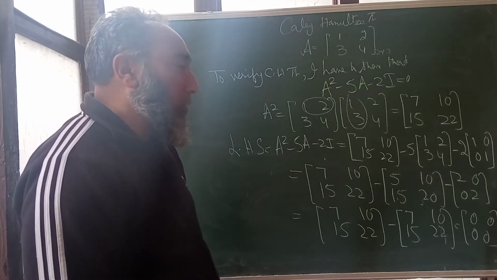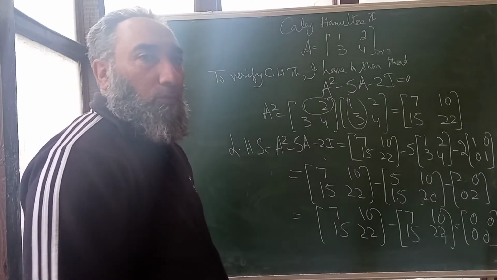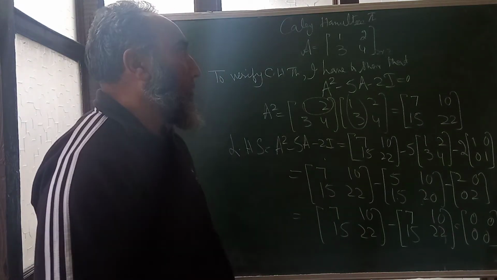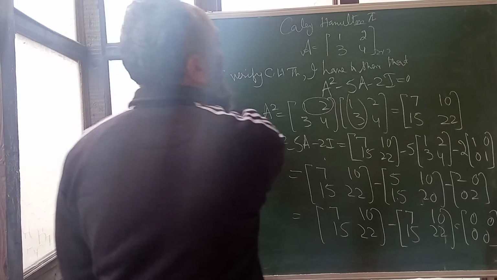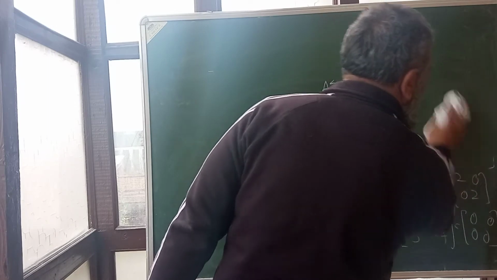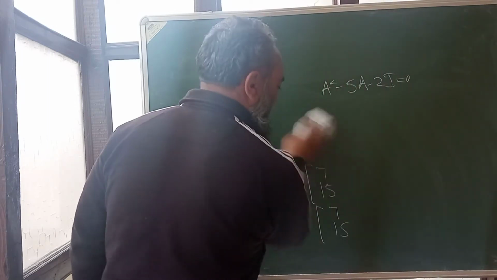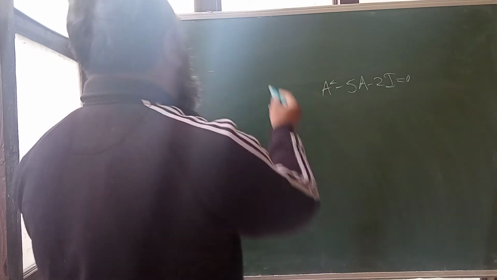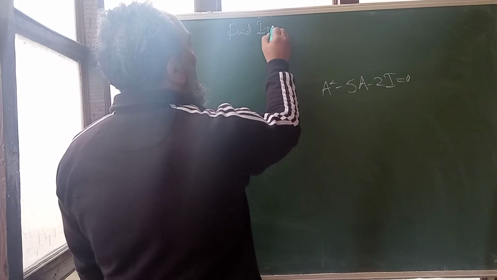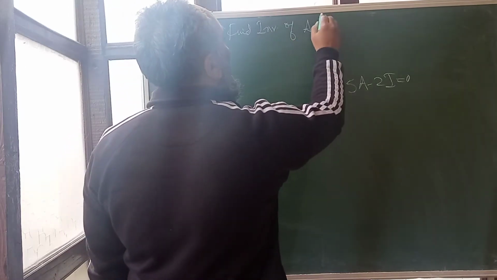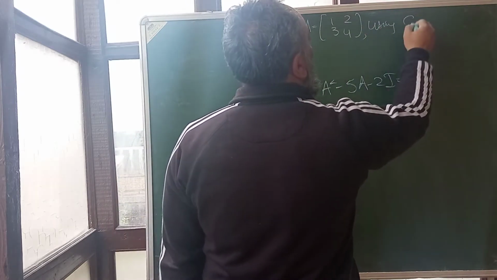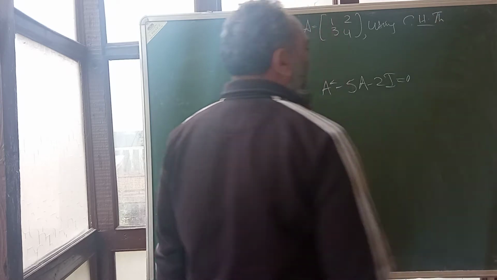Now, if this is true, using Cayley-Hamilton theorem, we can find inverse of a matrix. Now how? Let me tell you. So let me find inverse of A equal to [1, 2; 3, 4] using Cayley-Hamilton theorem.